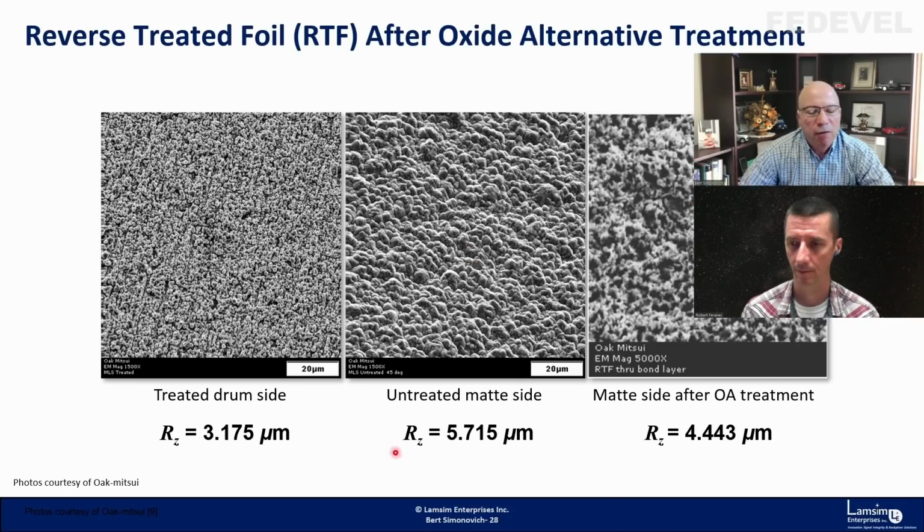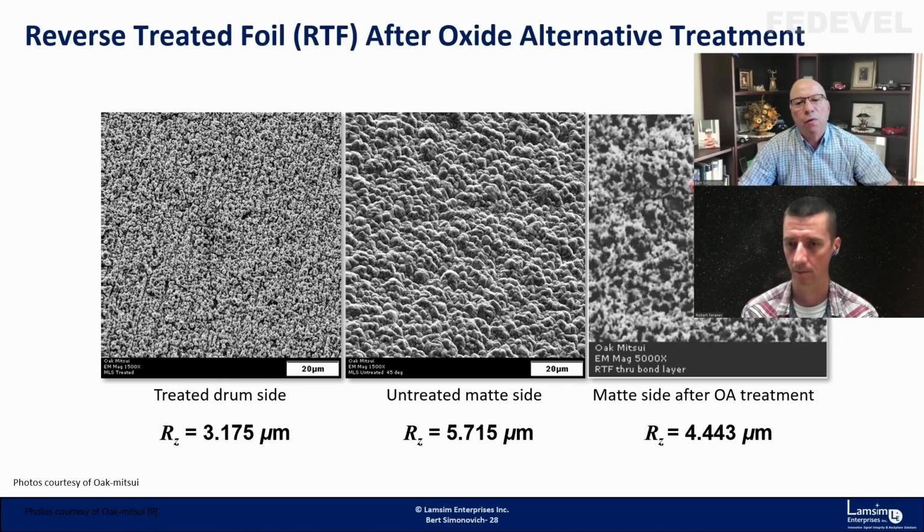When they do the RTF foil, it gets a little bit smoother during the process. These are called macro roughness versus micro roughness. These bumps get a little bit smoother, so typically around 50 microinches of copper is removed. But at the same time, you have these micro voids put into it.